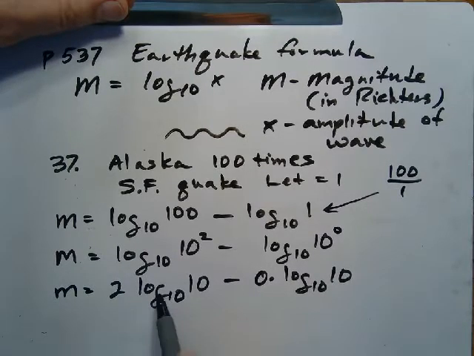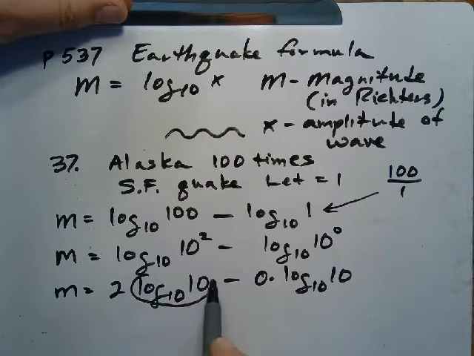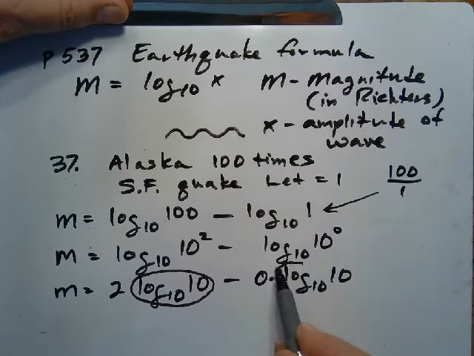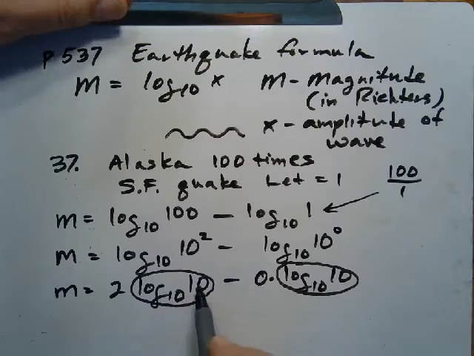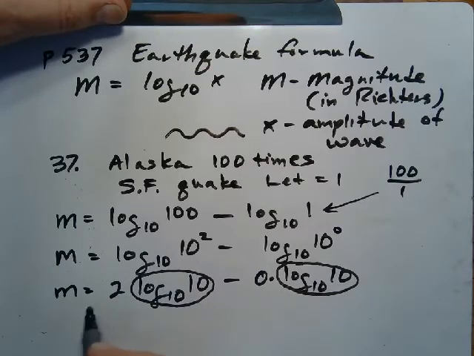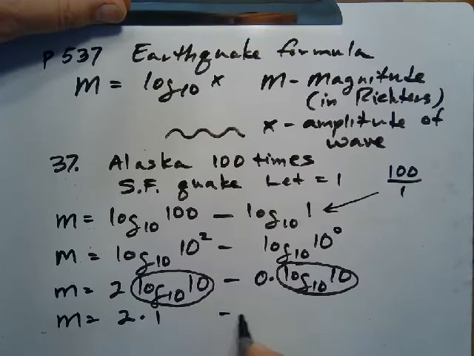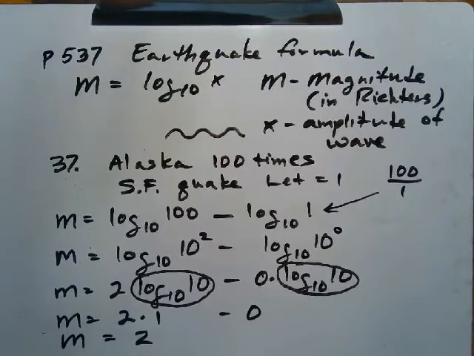Now remember that the log base of something and a base, they undo each other and just become 1. A log base and a base, if they're the same, they undo one another. So this is simply 2 times 1 minus 0 times 1, or our final answer here is the magnitude difference has to be 2. The difference between the two is a magnitude of 2.